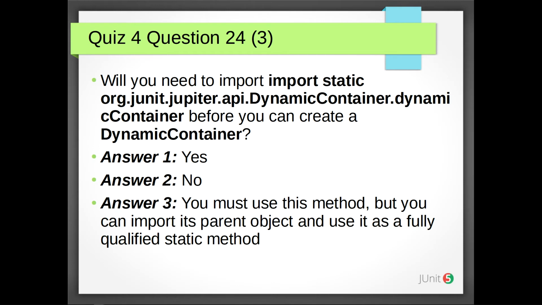You have to read the wording carefully. The correct answer is 3. You must use this method, so that's understood, but you can import its parent object, just the DynamicContainer class, and use it as a fully qualified static method, which you can do. Alternatively, you can import the static method and use it in a standalone fashion without its containing class.